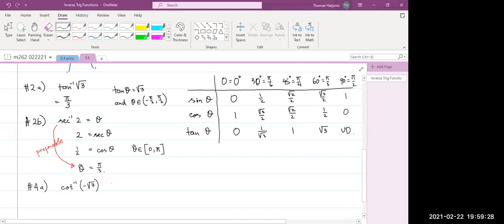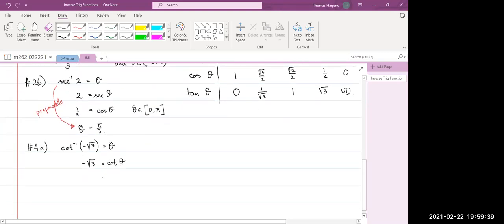Now, let's call this theta. Therefore, negative radical 3 equals cotangent theta. Therefore, tangent theta will be negative 1 over radical 3. Now, the restriction for tangent is from negative pi over 2 to pi over 2.